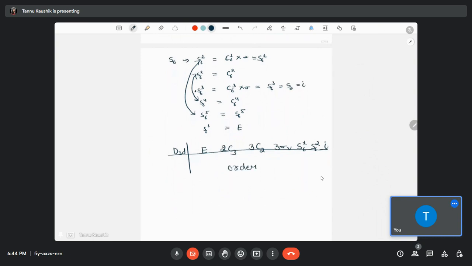So the order is 3, 6, 9, 11, 12. Order is 12, but the number of classes is equal to 1, 2, 3, 4, 5, 6, 7.